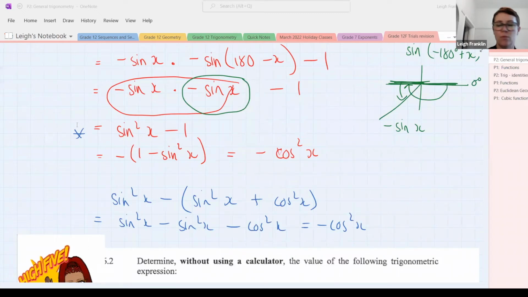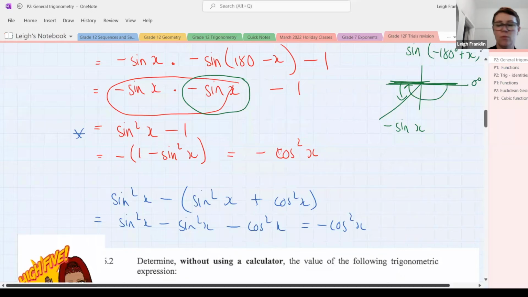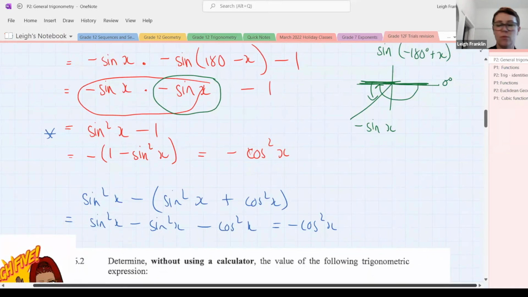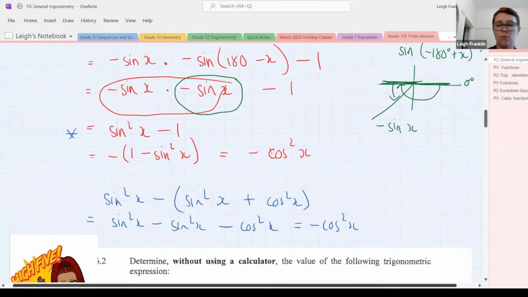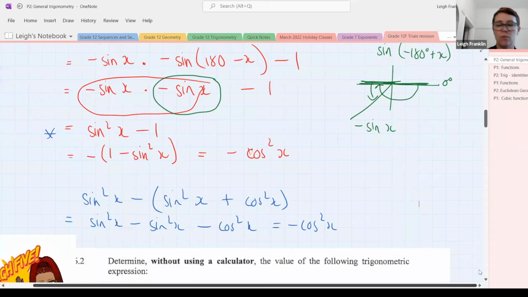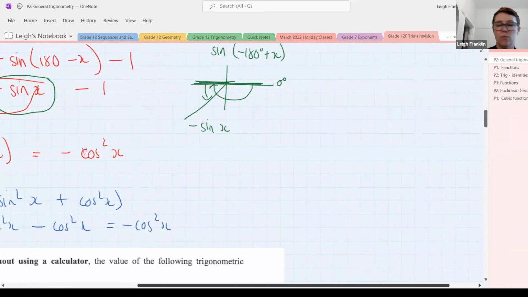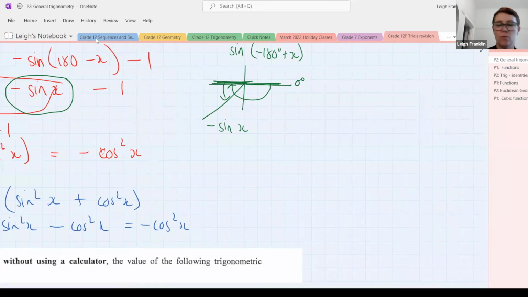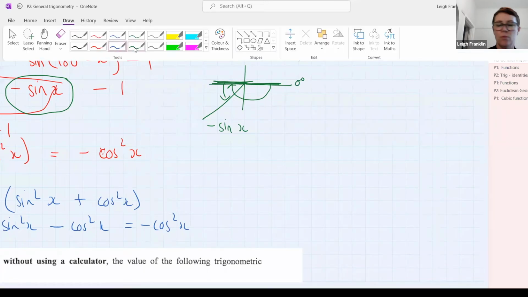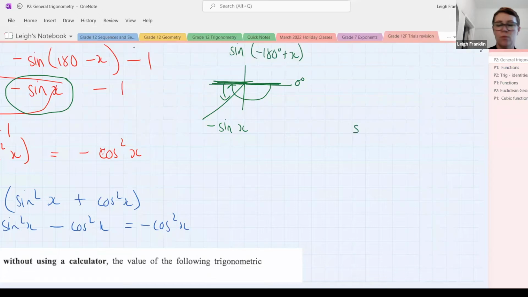Right, so what I did here is use your square identity from grade 11, which is sine squared theta plus cos squared theta equals 1.